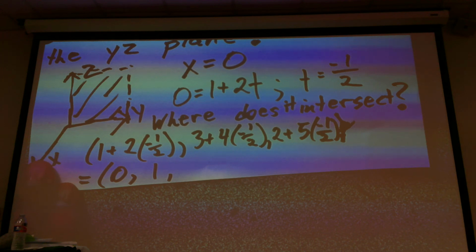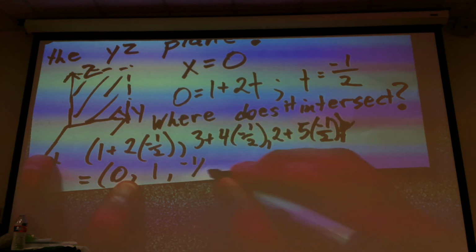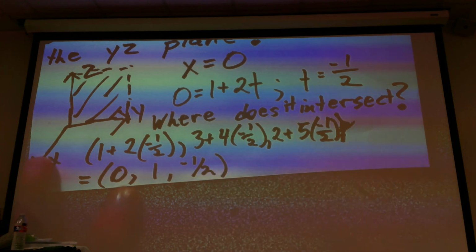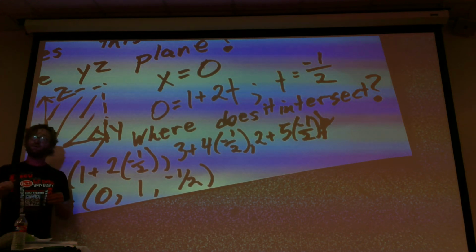You can write that as 4 divided by 2 minus 5 divided by 2. It's going to come out to being negative 1 divided by 2. Okay, so now we know the point in time and the location of the intersection of this line with the YZ plane.